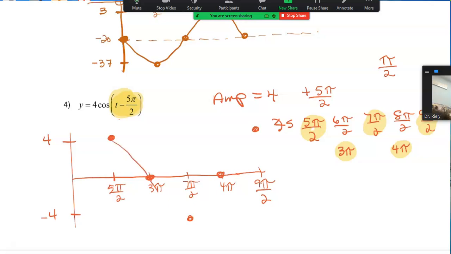The biggest mistake I see is not starting here. So be careful, make sure you start right there where that angle is, because that is your first angle. And why is that? Because of this. Okay, so we've gotten through half the problems. Let's keep going.